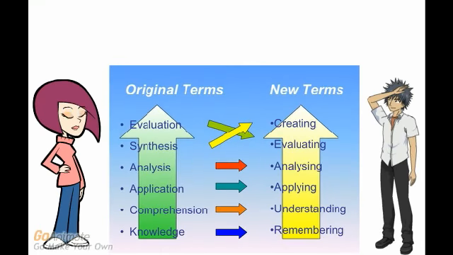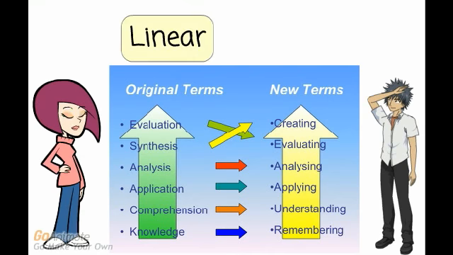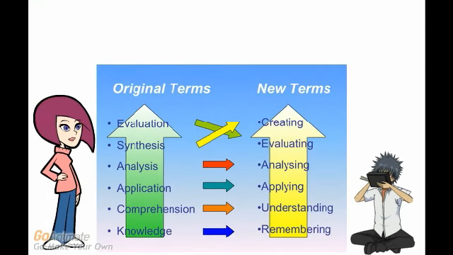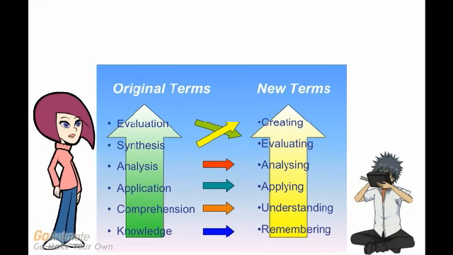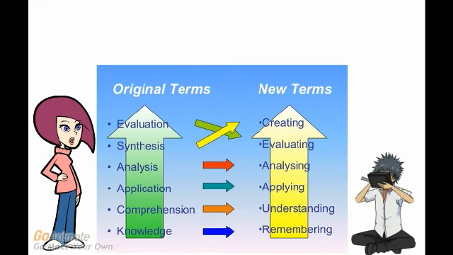In 2000, Anderson revised Bloom's taxonomy from using nouns that represent learning as a linear process into actions and verbs that represent learning as a dynamic process. Besides changing the syntax of the original taxonomy, he exchanged the higher two levels to define creating as the higher level of cognition and not evaluating.